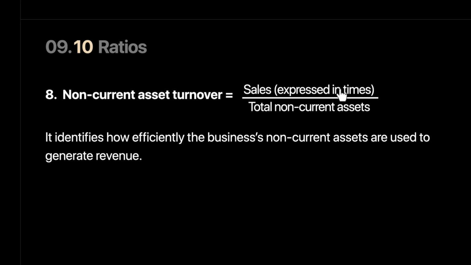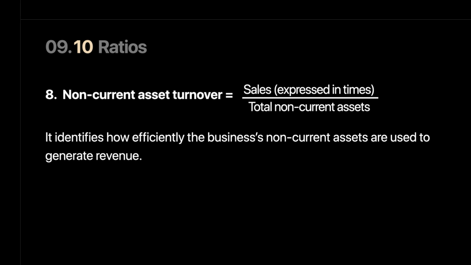So when a firm buys non-current assets, the basic objective is that these non-current assets will be used to generate sales. All right, so the money that we invest in non-current assets, how many times of it do they generate? The higher the sales they can generate, the more efficient we can say our resources are being used, because once you earn sales, only then will you be able to make a profit.